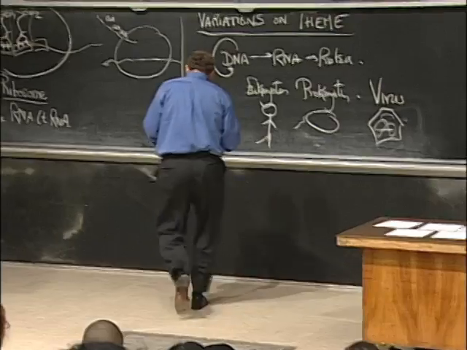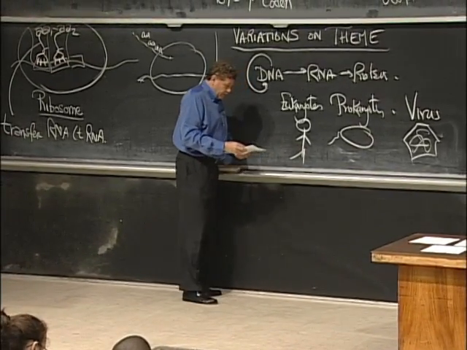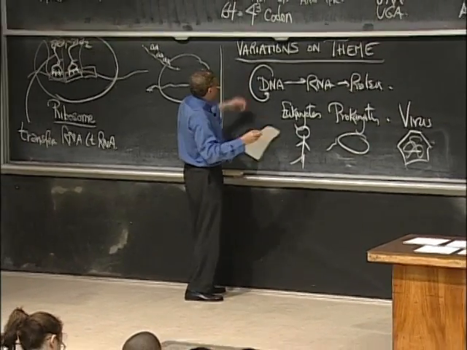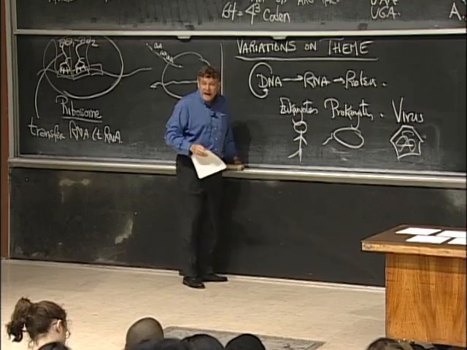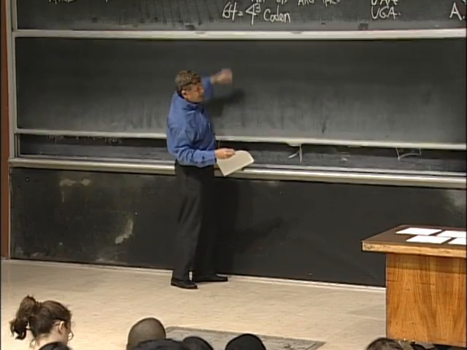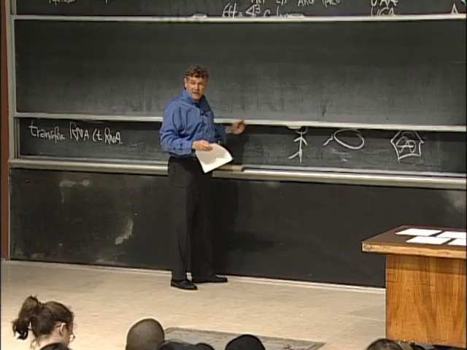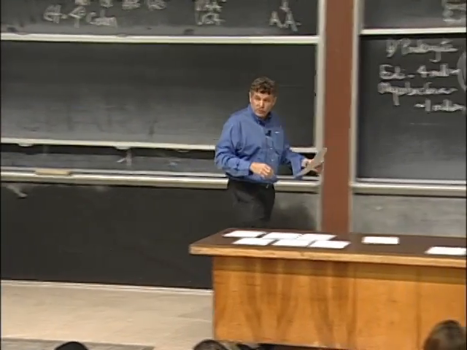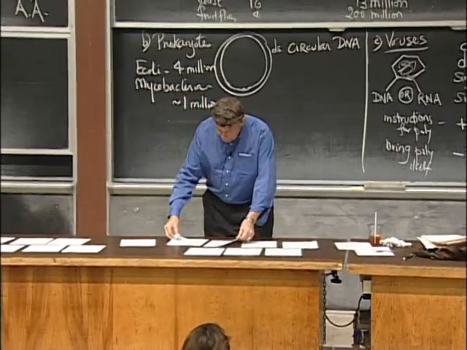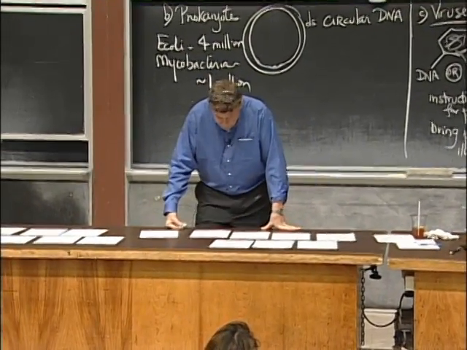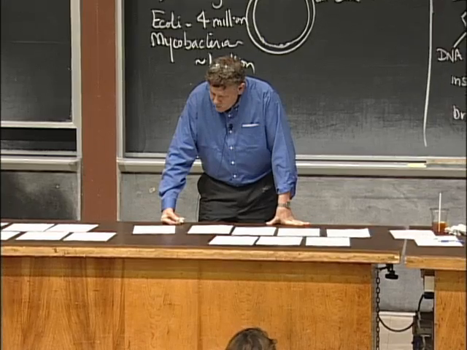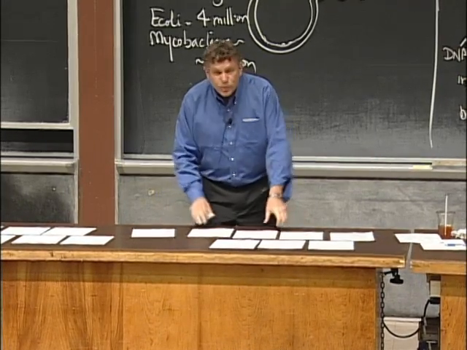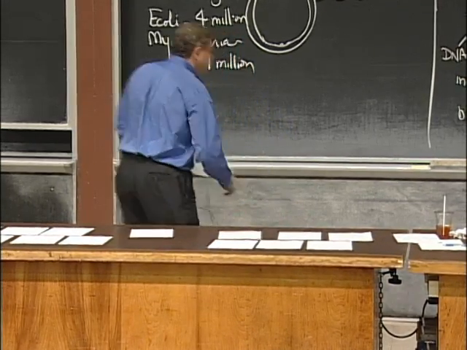Now, viruses, it turns out, will behave with regard to this like the organism in which they live. Prokaryotic viruses will behave like prokes. Eukaryotic viruses will behave like euks. Now, let's turn to translation.